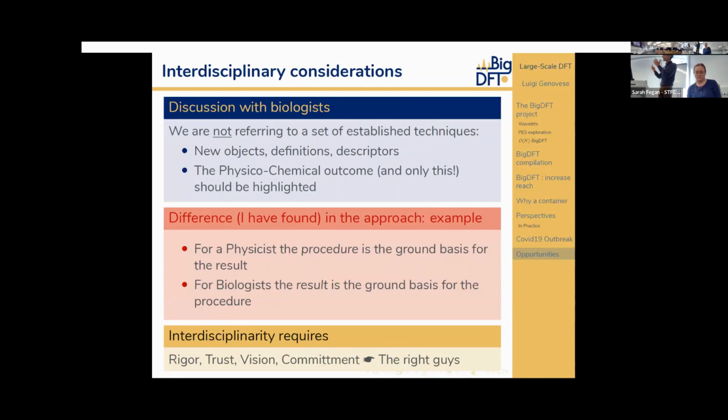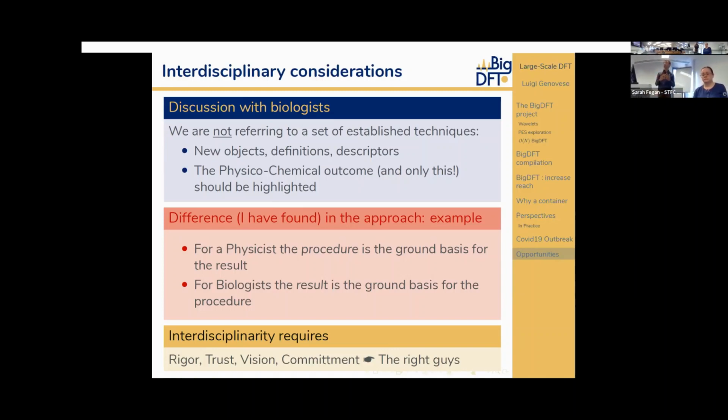My personal experience, for instance, when I discuss with biologists, is that what is much more important is the result of your investigation rather than the procedure, which is the other way around for physicists. For them, the results don't matter as much as the procedure. That is an example of how a dictionary of languages should be adapted when we discuss with different people.